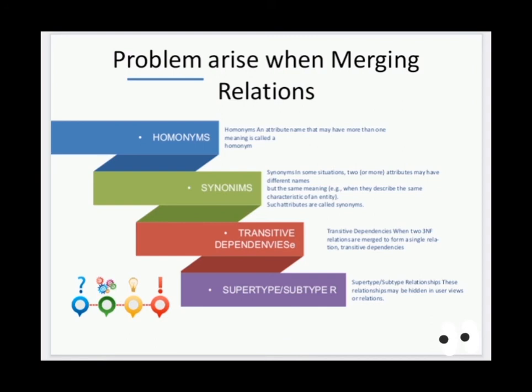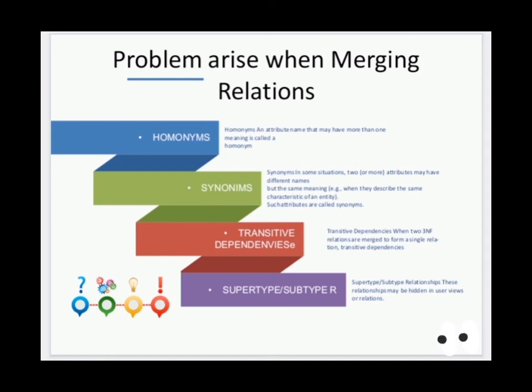The first one is synonyms, the next one is homonyms, the next one is transitive dependencies, and the last one is supertype or subtype relationships. The first one is synonyms. In some situations, 2 or more attributes may have different names but the same meaning. And a homonym is an attribute that may have more than one meaning.